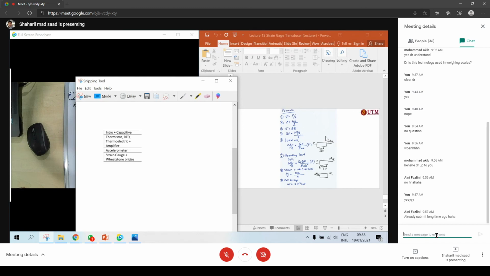So just do what you have done on test one. The guideline, I will send you later. The first thing, you need to submit the form, which means that you already want to enroll in the exam.